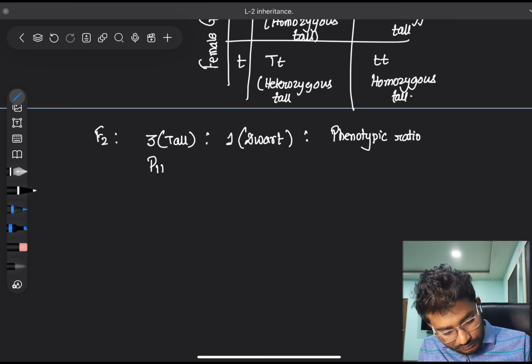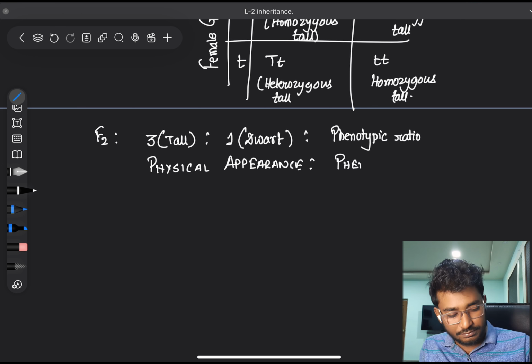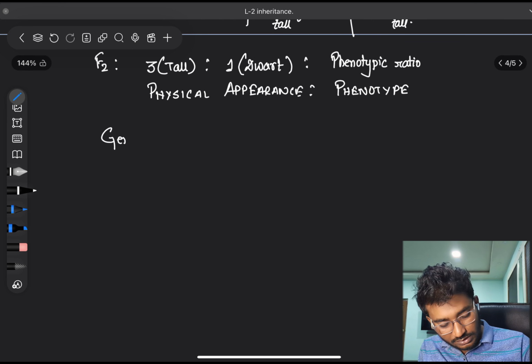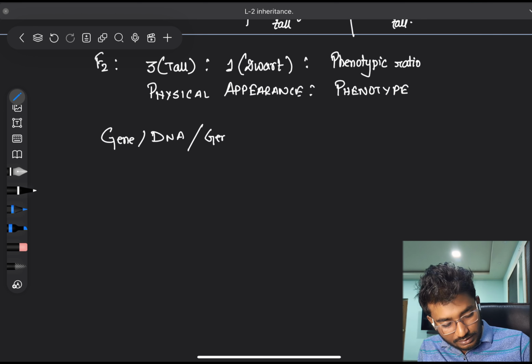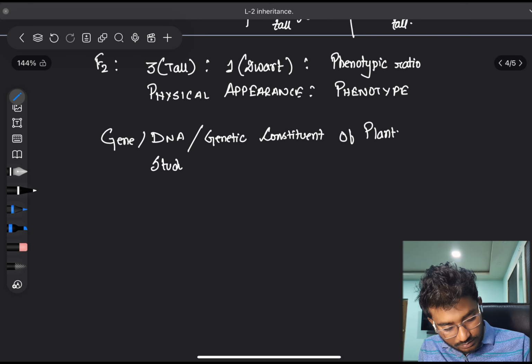Okay. And in the case of physical appearance, phenotype. Gene, or DNA, or genetic constituent of plant, study, genotype.